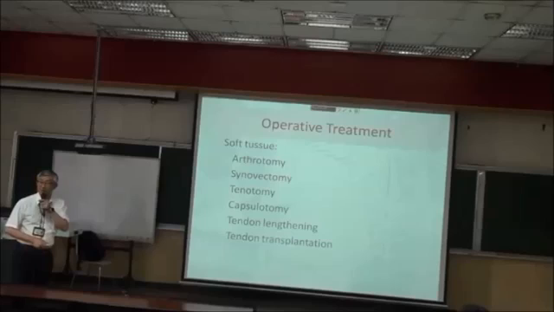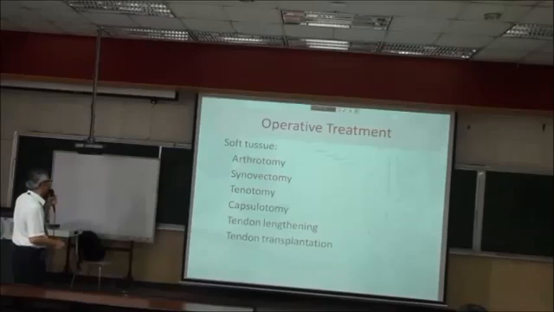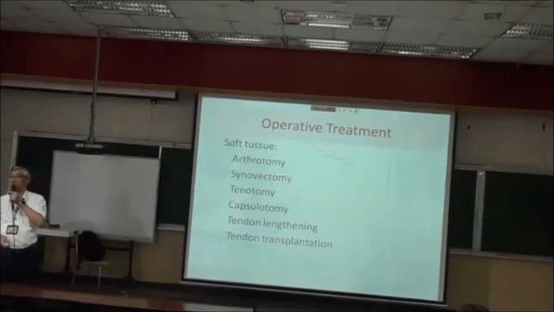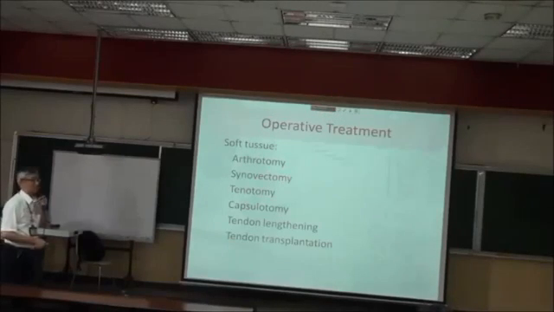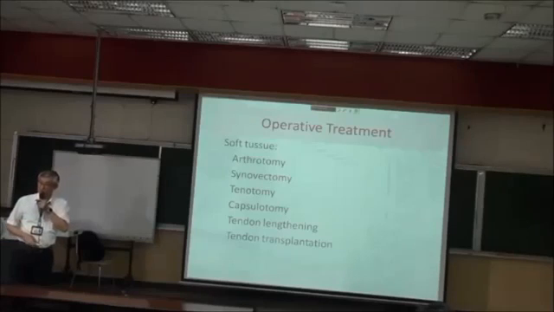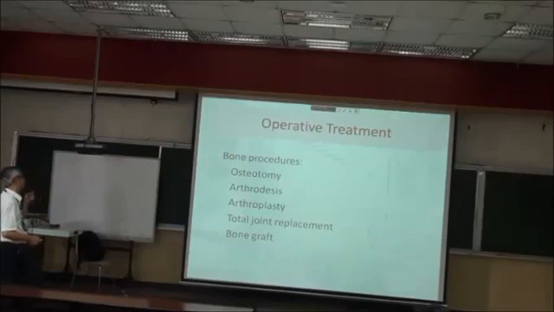Synovectomy, take it out. That's easy to understand. Okay, tendinotomy, capsulotomy, capsule, open the hole to see inside. That's it. So that's the operative treatment. The terms are quite easy to understand. You only have to know the keywords.